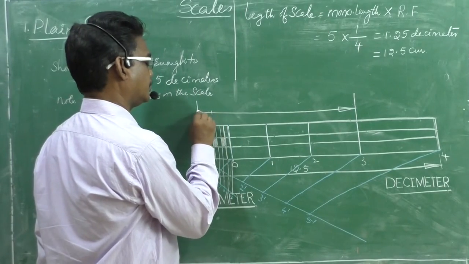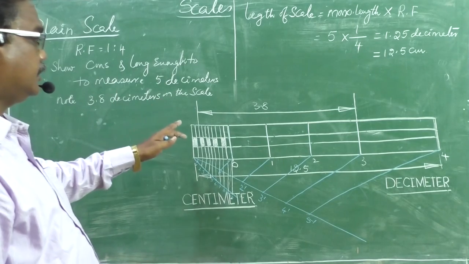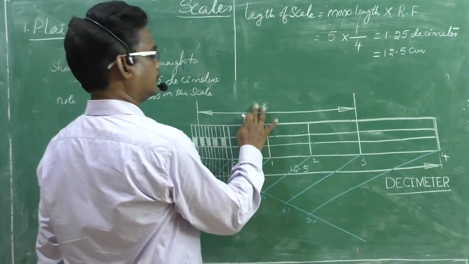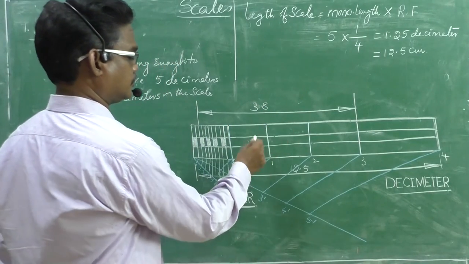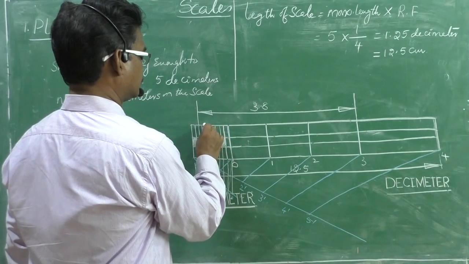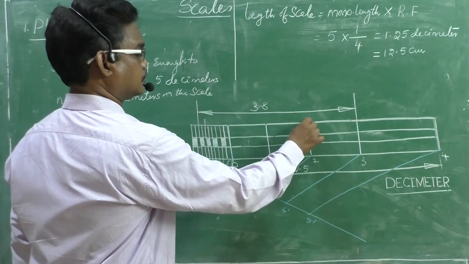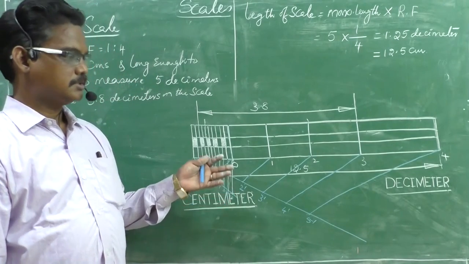Or if you want 2.6, this is 1, this is 2. After that 1, 2, 3, 4, 5, 6. This is 2.6. Likewise, any length we can measure from this scale.